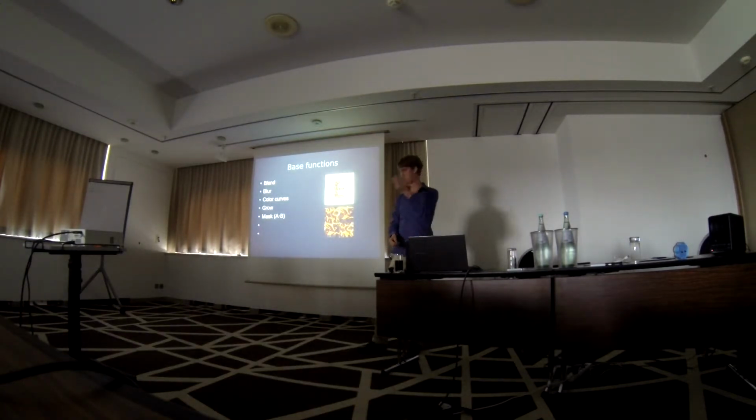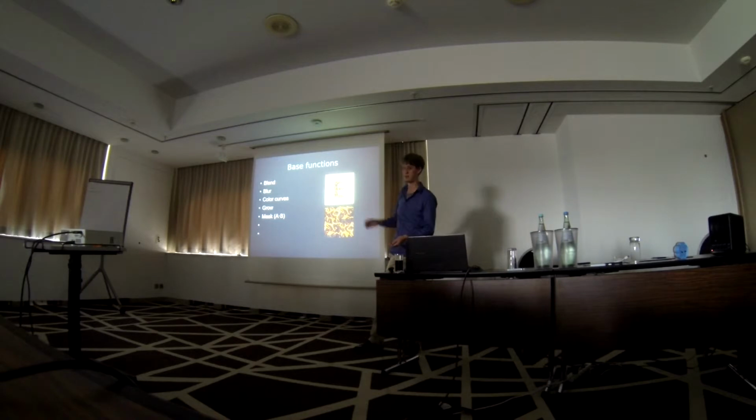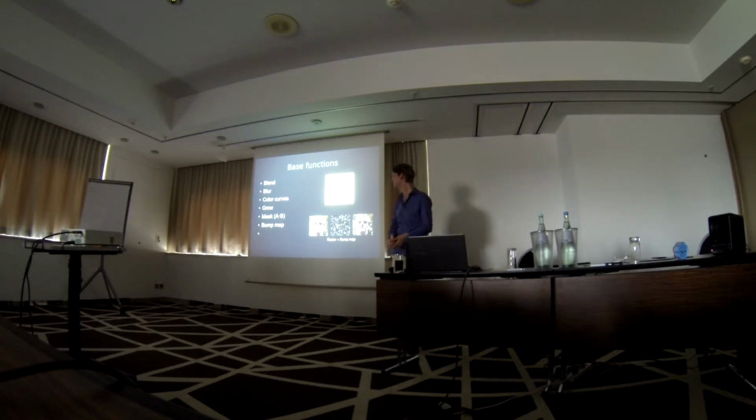So grow, I already explained. Mask is just taking an image or actually any Evas object as pixel input, like an image proxy, and applying it, multiplying it to the font. So you can have textures in the font itself. Then you can have bump maps, which are a kind of 3D effect. The bump map itself represents a relief, like an altitude kind of thing.